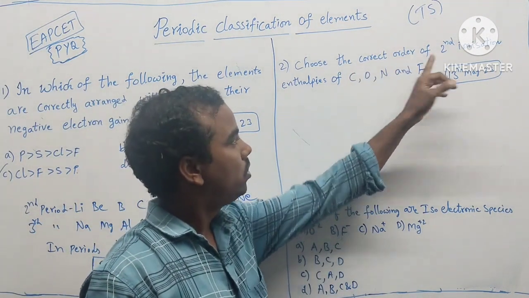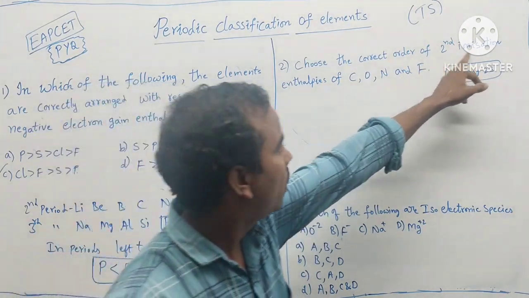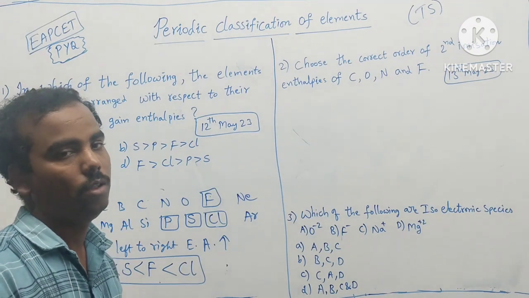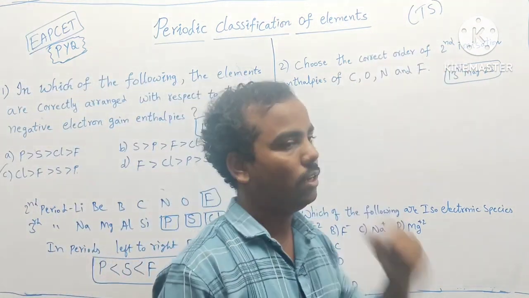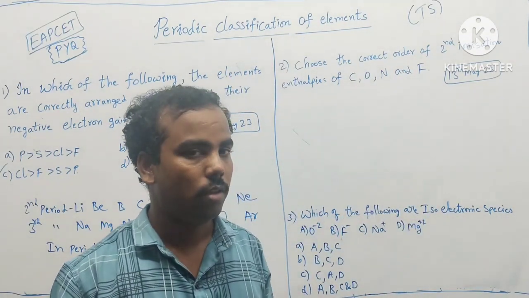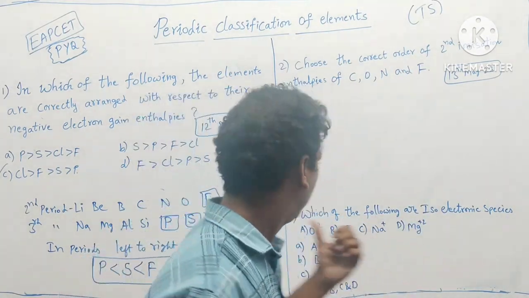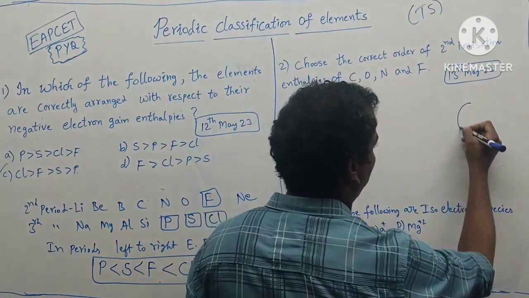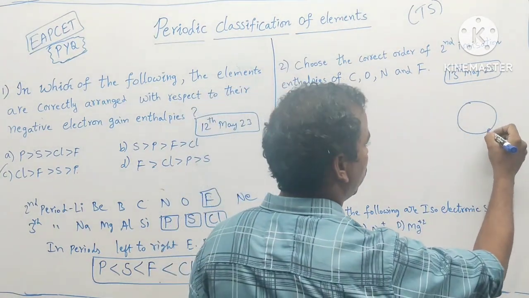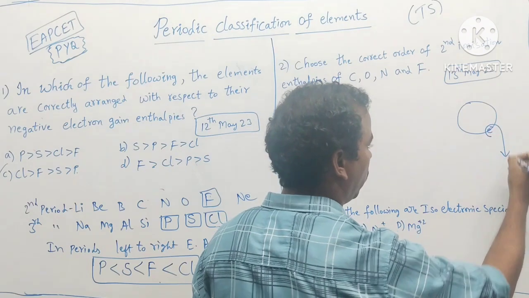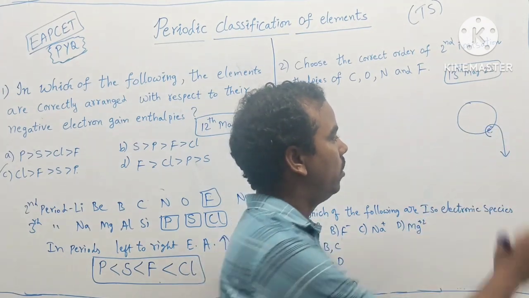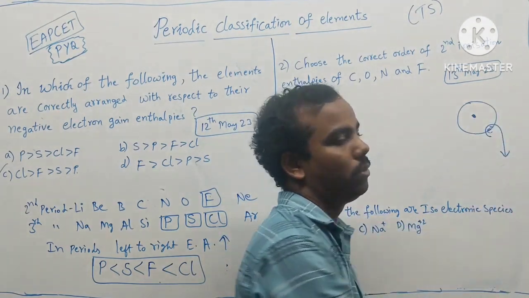Next, choose the correct order of second ionization enthalpies of carbon, oxygen, nitrogen and fluorine. Ionization enthalpy, not electron gain enthalpy. If you take an isolated neutral gaseous atom, to remove an electron some energy is required because this electron is attracted by the nucleus of the atom.